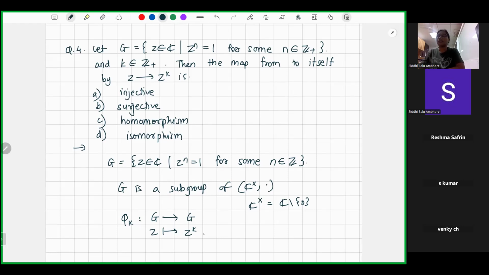Can you give me one element for any given k such that it will give me the identity? Can we have the surety that such an element will always exist?